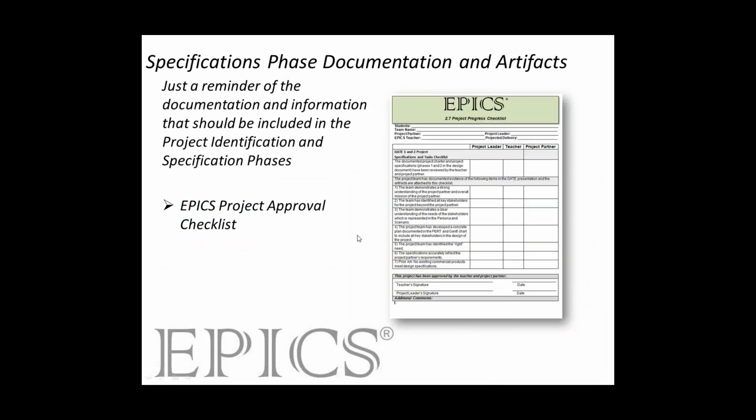Another artifact, at the end of 2, is the project checklist. This helps the students make sure that they're moving along through the process. In this document, the project leader, the teacher, and the project partner all come together and go through this.